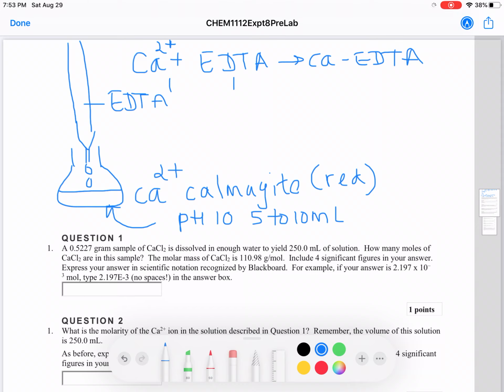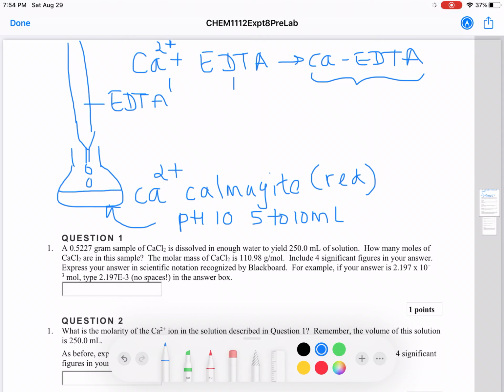Now we have only a certain number of moles of calcium in our flask. When we add that certain amount of moles of EDTA from the burette, it's going to form this calcium EDTA complex. At a certain time, when all the calcium has reacted with EDTA, there are no more calcium ions in the flask. So what happens at that point?